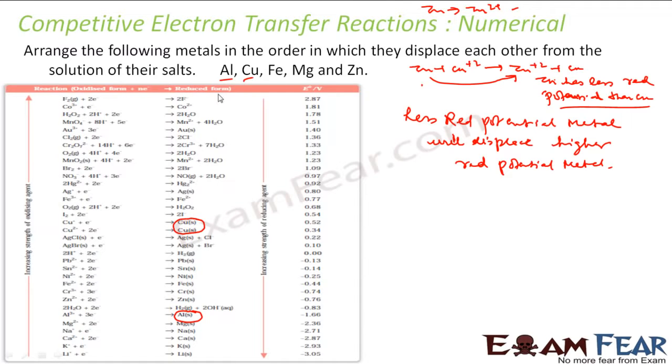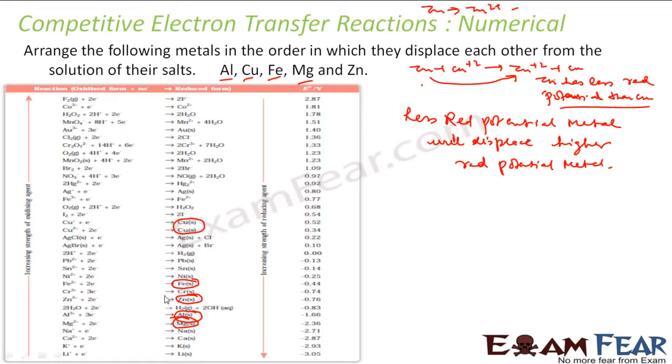Then we have iron. Iron is in this position. And then we have Mg, this position, and then we have zinc in this position.